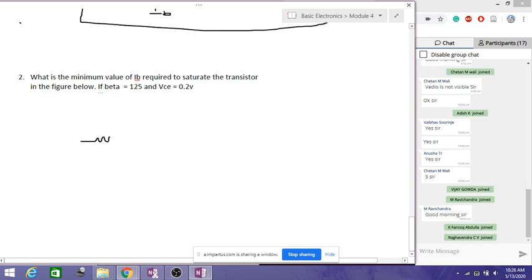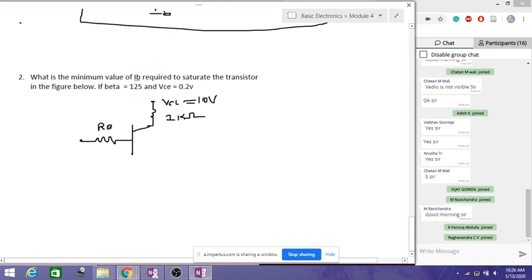So here again the circuit is given like this with the values. The VCC value here is given as 10 volts. RC is given as 1 kilo ohm, and this is the RB value here.